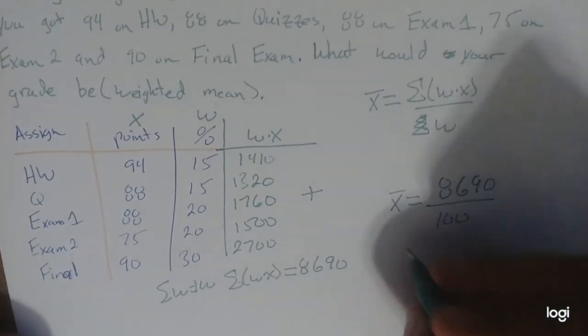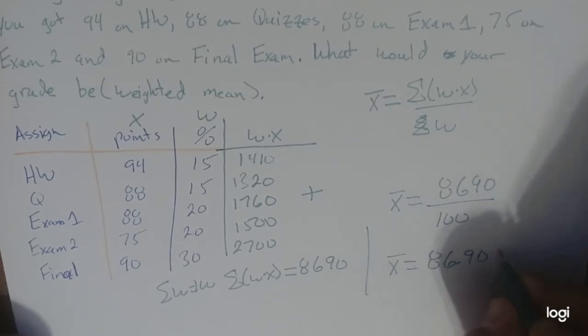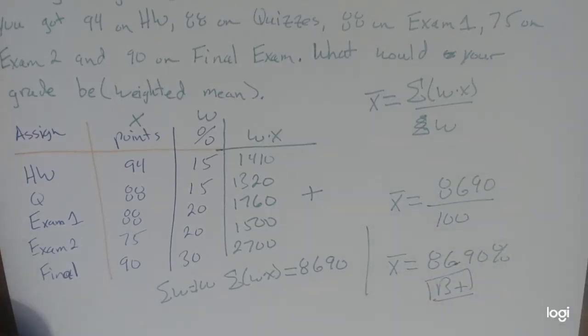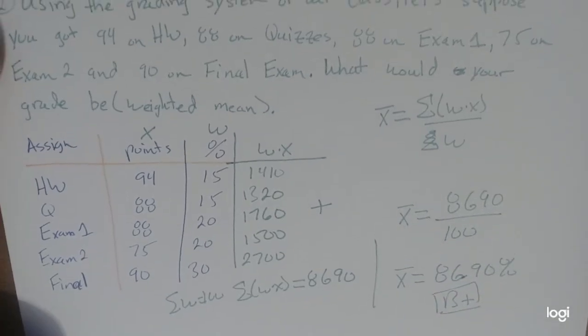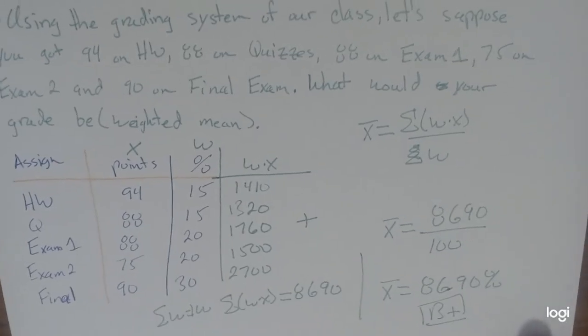Now we just divide, and that gives you 86.990%, which means this student got a B plus in the class. Believe it or not, that's actually how I calculate your grade as well. I use Excel, but that's pretty much what I do in Excel for you.